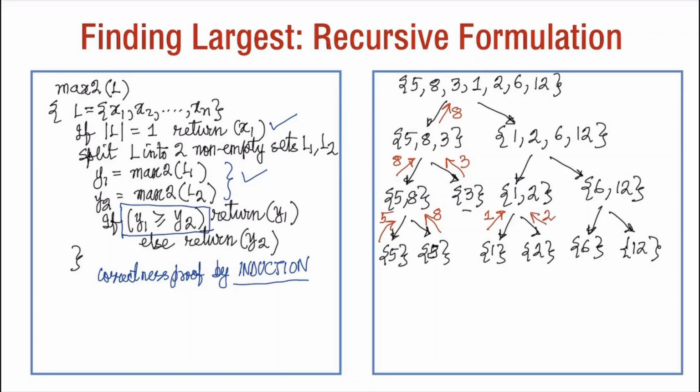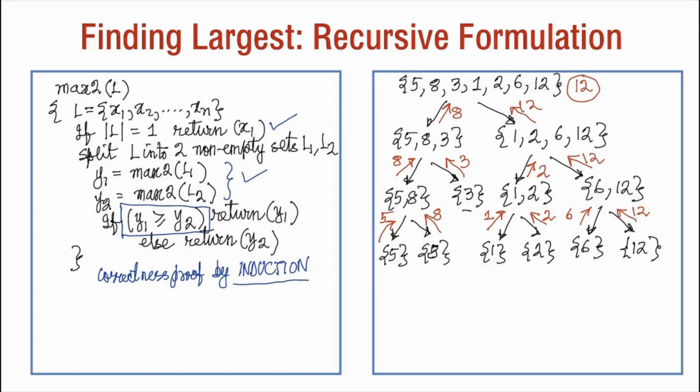Here again a minimum is done, so this returns 2, this returns 6, this returns 12, so this returns 12, and finally comparison between 8 and 12 returns 12, and you get the answer 12. You can try doing any other split, and whichever split you do, you will also get 12.